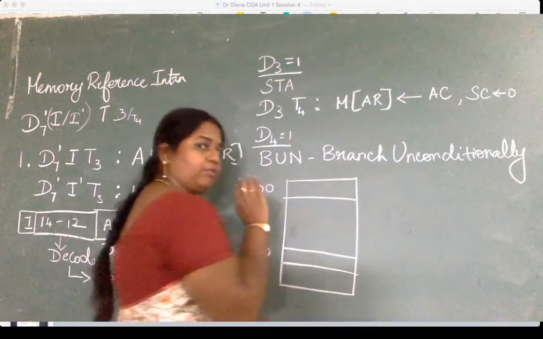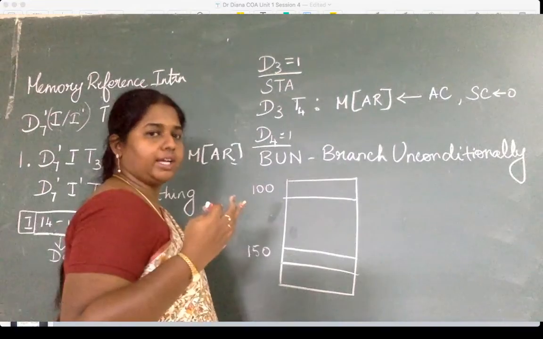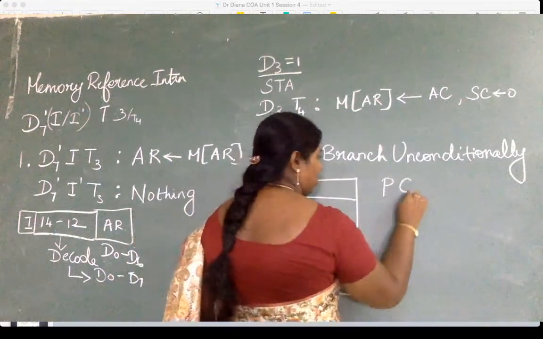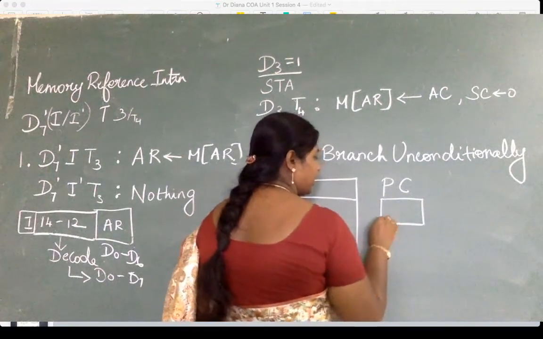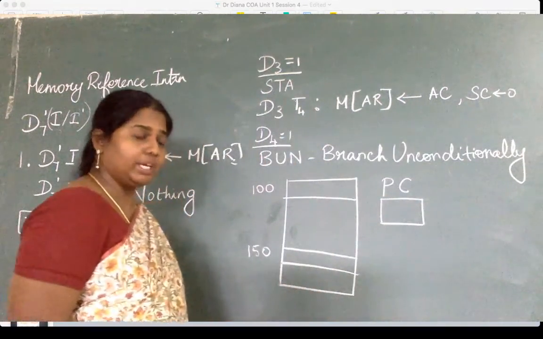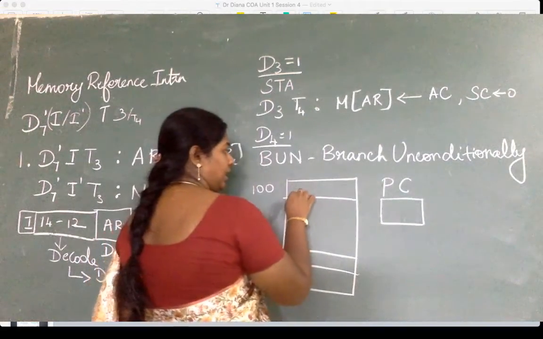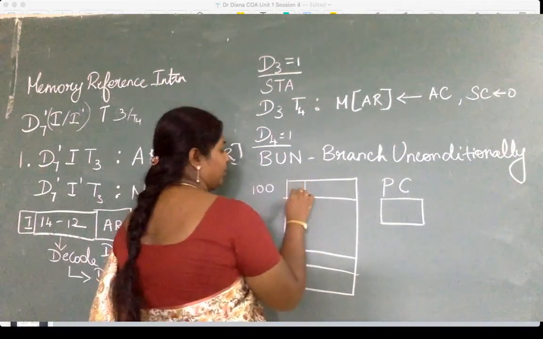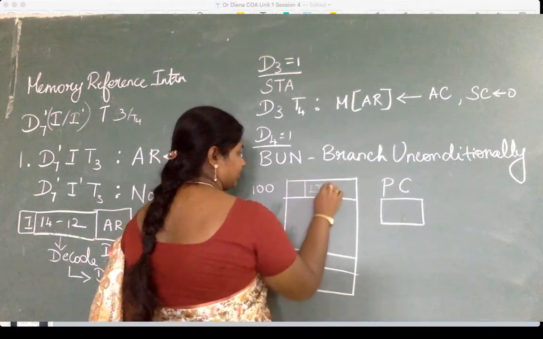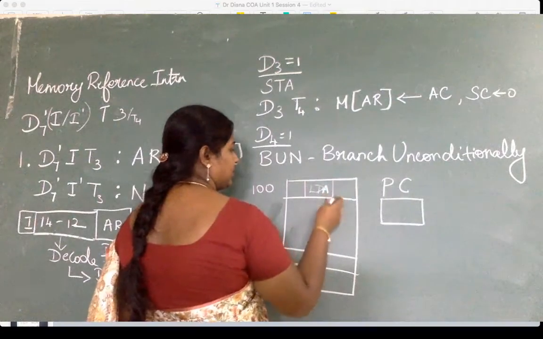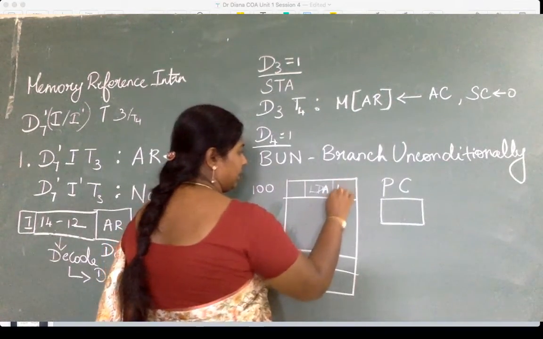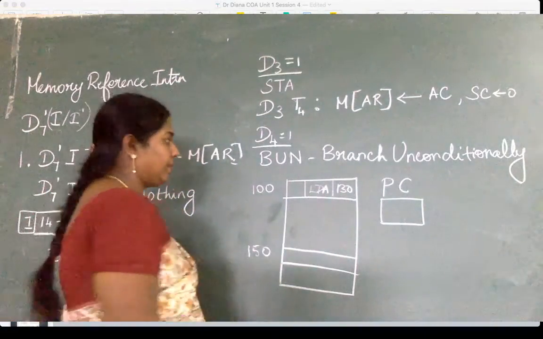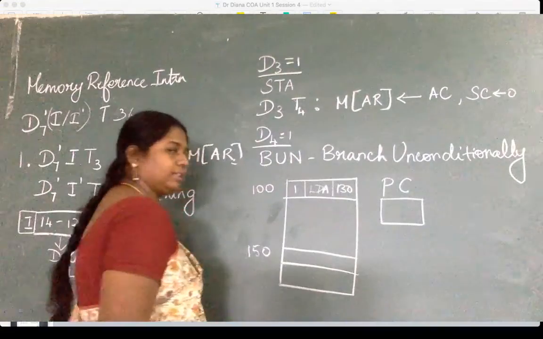In the usual flow of program execution, my program counter holds the address of the next instruction to be executed. Assume I have the instruction load accumulator with some memory address value 130. This is the instruction that I am executing, and I can have it as indirect memory access.